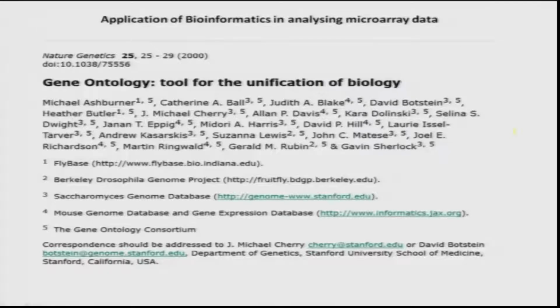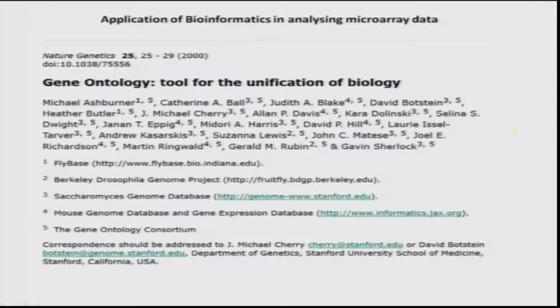So all the people involved in such high-throughput genome-wide microarray analysis came together with the idea that you have to have some tools to classify the information you get out of microarray.